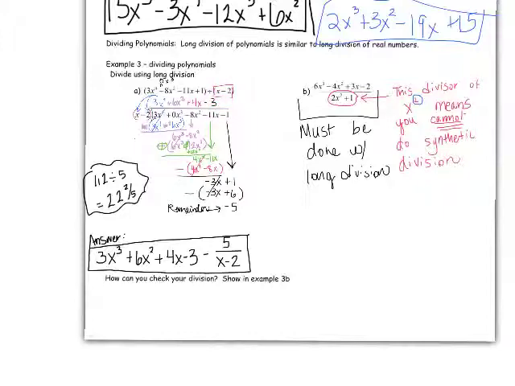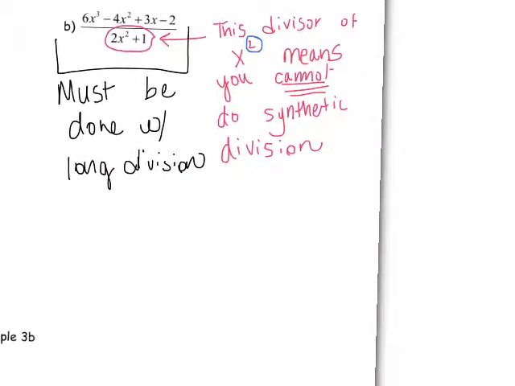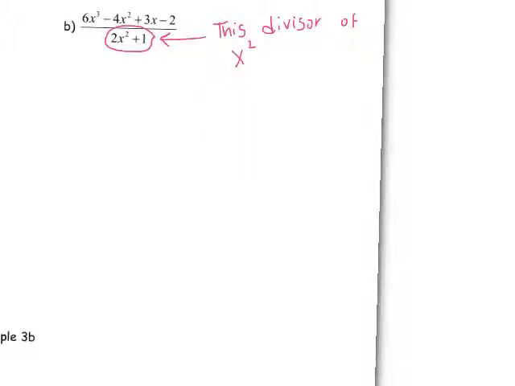That's when you can use synthetic division, which is a shortcut for us. But you have to learn long division because there's certain cases that synthetic does not work. So example B is the reason why we have to know long division. Make sure this is in your notes, but I'm going to erase it so I have enough space to work.